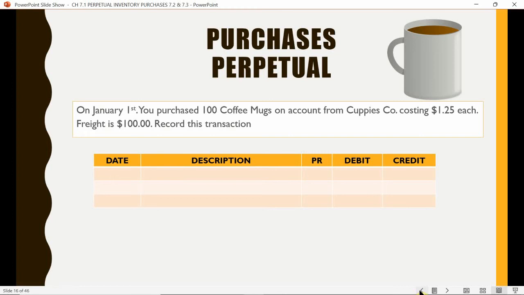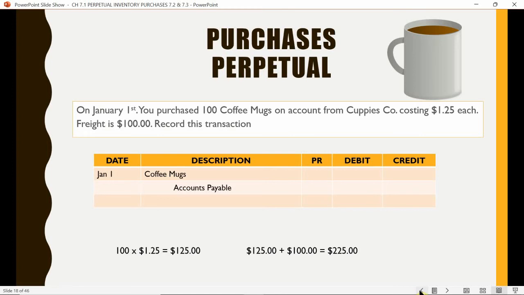We need to do the same as the last one, correct? Yes. We put the freight of one. No. Inventory, which would be the coffee mugs. Yes. That's the huge difference between periodic and perpetual, is everything's going to go straight to inventory. Oh, no. Okay, okay. I got it.